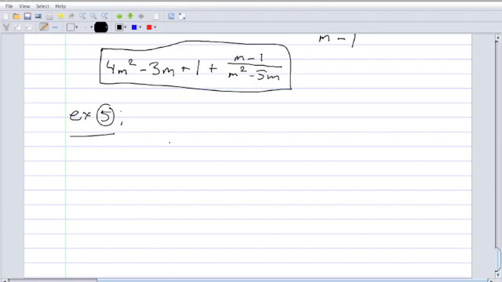All right, we're given: divide 8x cubed plus 21x squared minus 2x minus 24 divided by 4x plus 8.